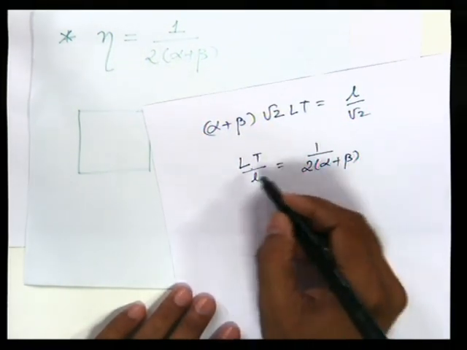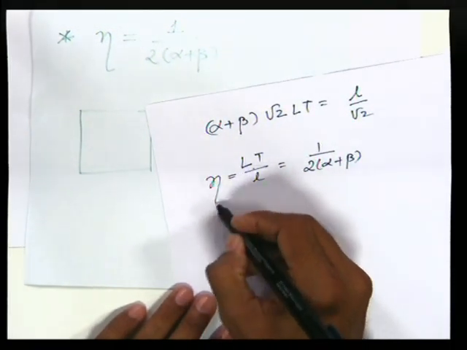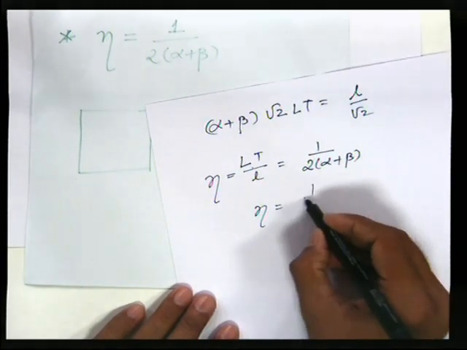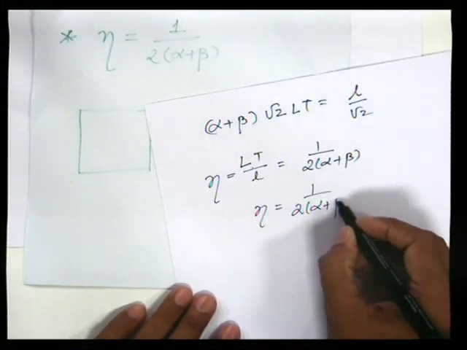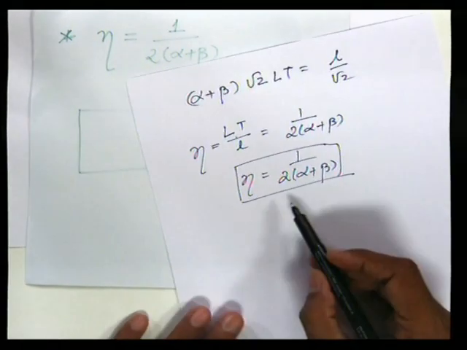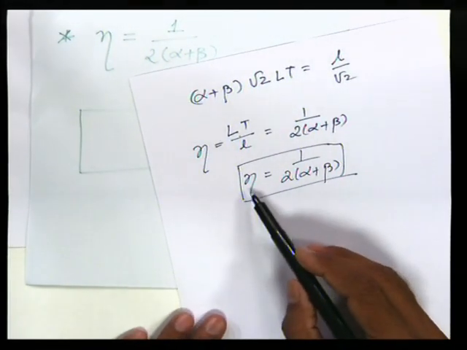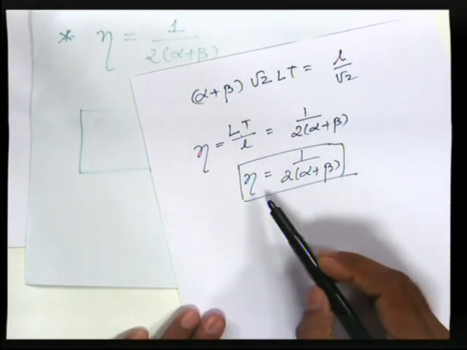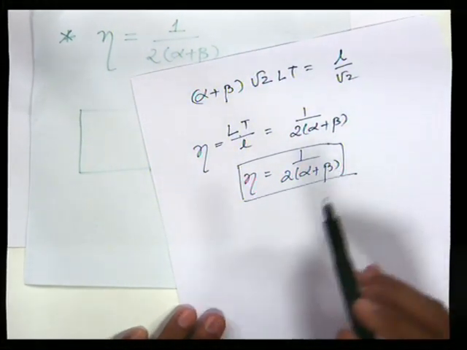Now LT by L is nothing but eta, so eta equals 1 upon 2 (alpha plus beta). So for a cube we can obtain this relation, the modulus of rigidity in terms of alpha and beta.